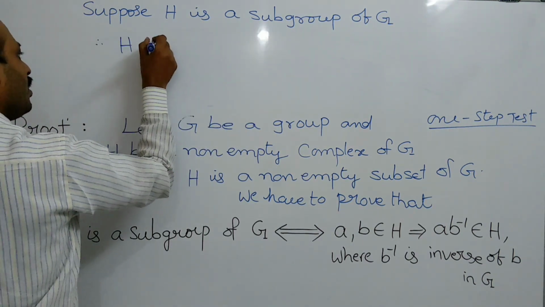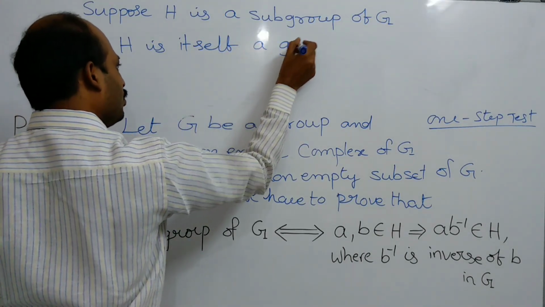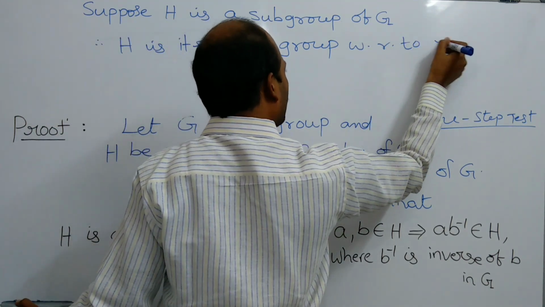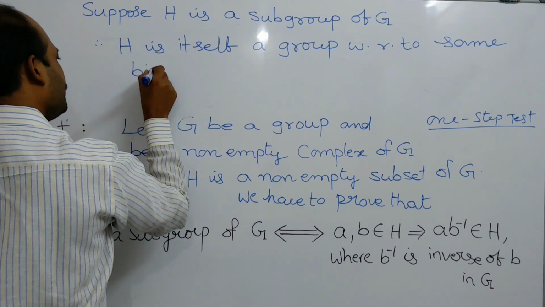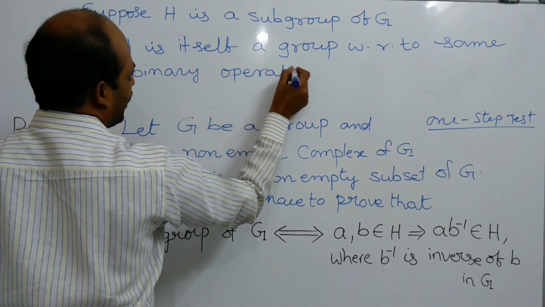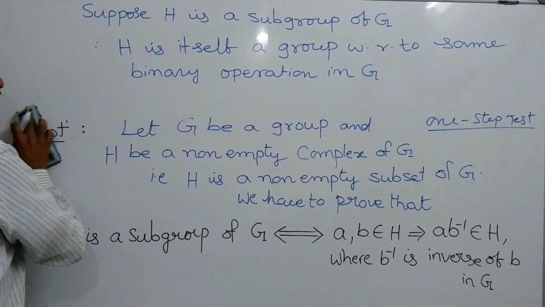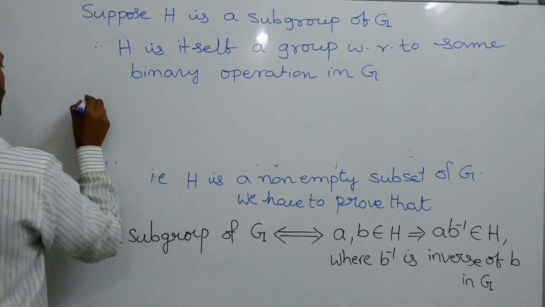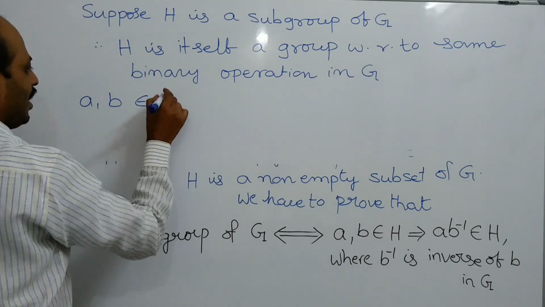Therefore, H is itself a group with respect to the same binary operation in G. Now let us take a, b belongs to H.